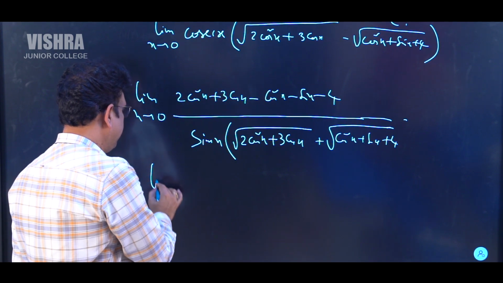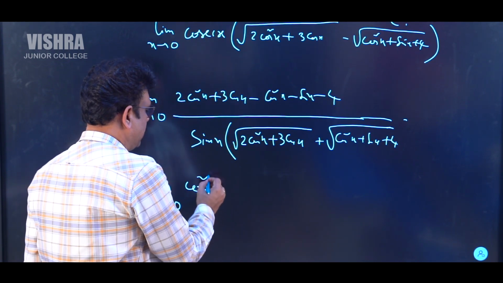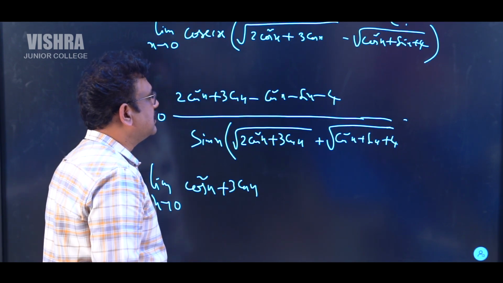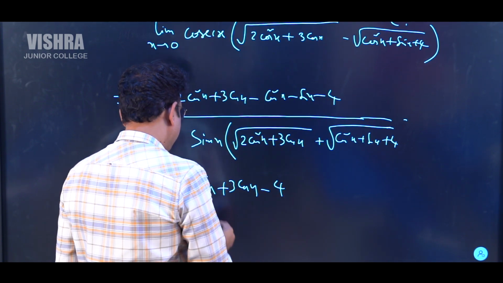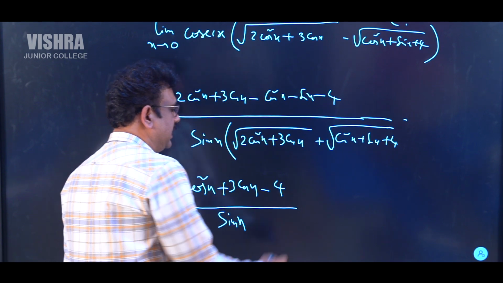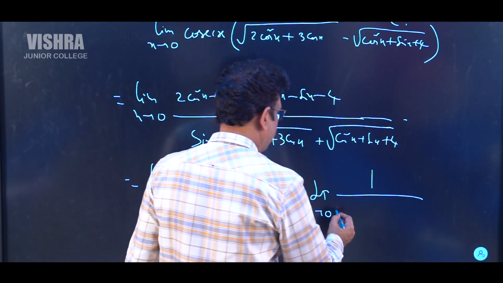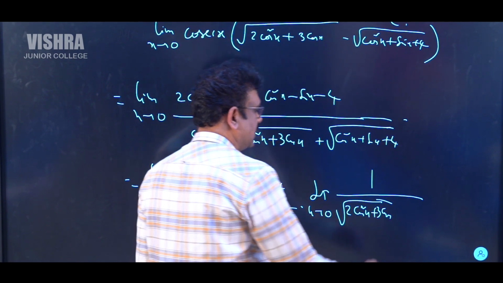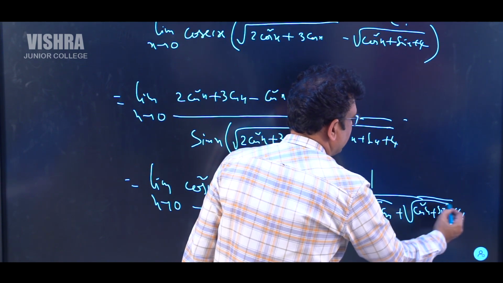Now that is equal to limit as x tends to 0 of (cos²x + 3cos x minus 4) divided by sin x, into limit as x tends to 0 of 1 by (square root of (2cos²x + 3cos x) plus square root of (cos²x + sin x + 4)).